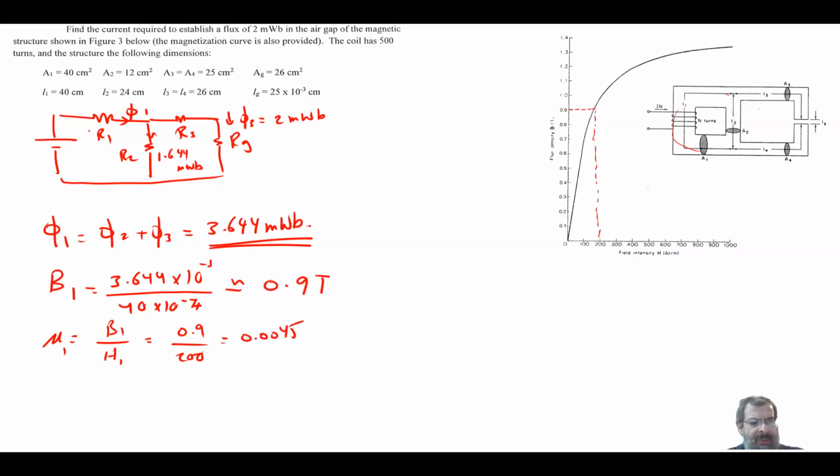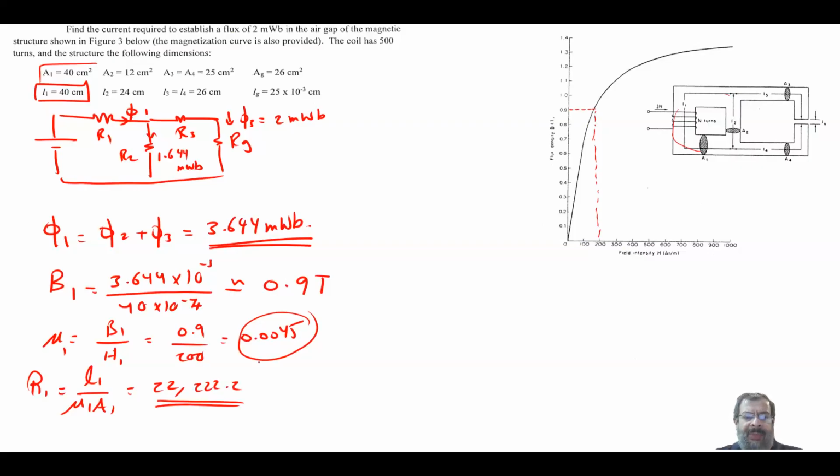From this, I can find reluctance 1, which is equal to L1, which we have here, 40 centimeters, divided by mu1, which we have here, times A1, which we also have here. When you do all of this, you will get 22,222.2. So this is your reluctance number 1.